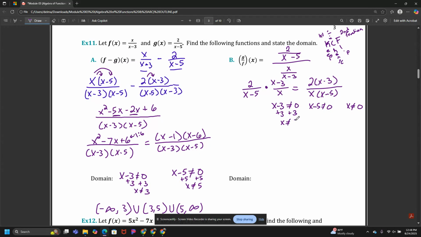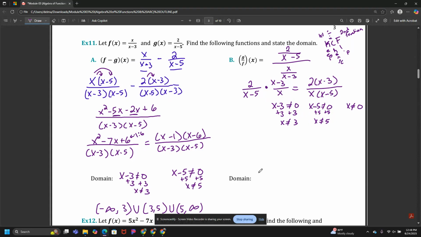So x cannot equal 3. X cannot equal 5, and x cannot equal 0. Why? Because this one was originally in the bottom, and so was this one, so you have to also work this case. Because in the original problem, that x minus 3 is in the bottom, not in the top, so you need to know what's going to make it 0 as well.